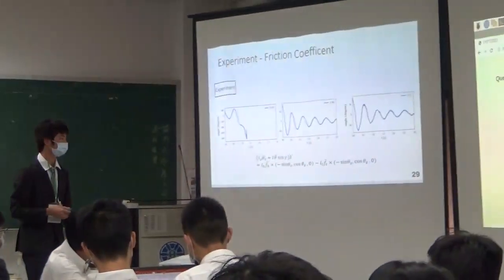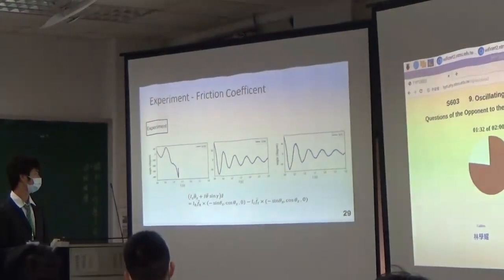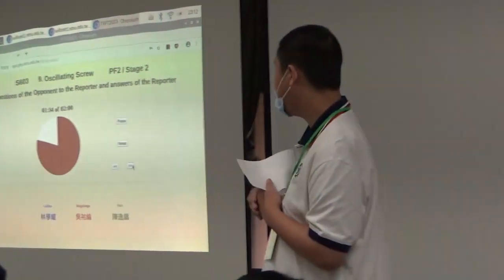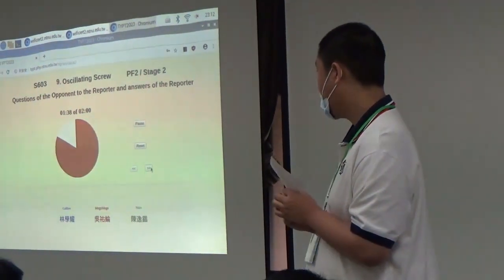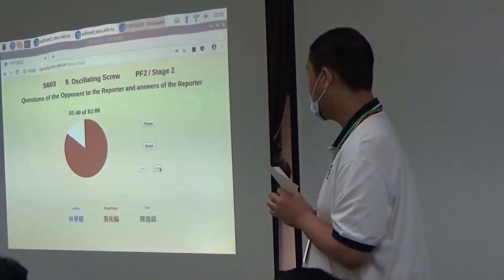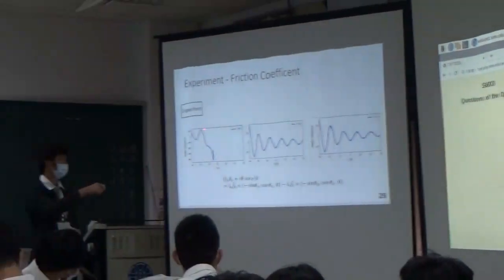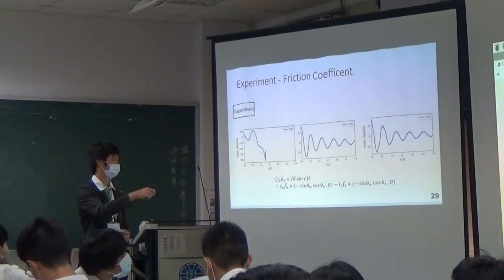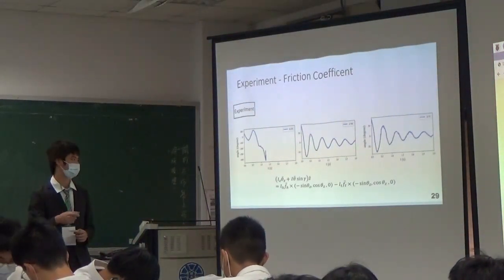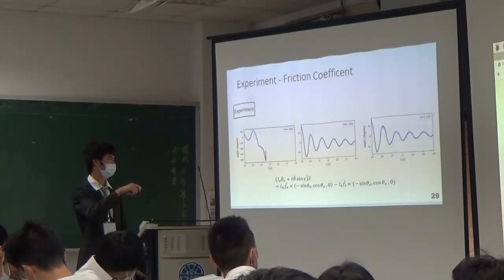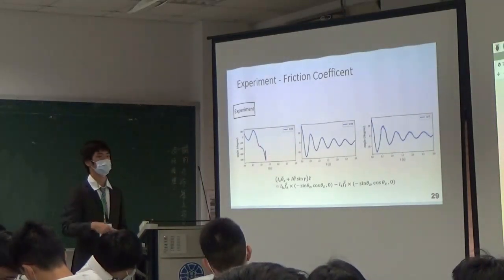Now, on the first chart, we can see a high peak at the beginning. Can you explain the peak? The high peak in the beginning. Yes. That is part of the oscillations, and this is because it starts to spin, so the angle will keep decreasing. Okay.